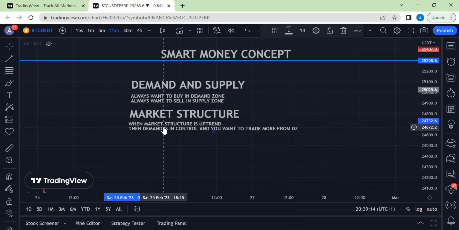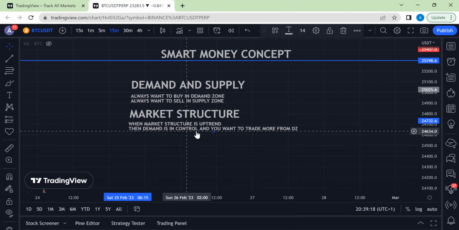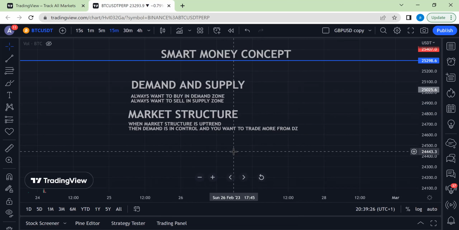That is the work of this market structure.